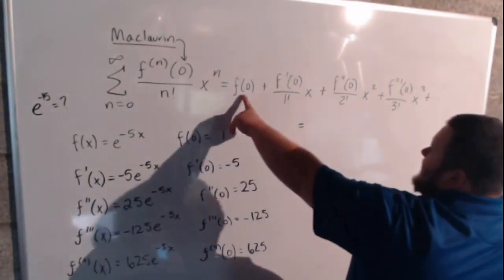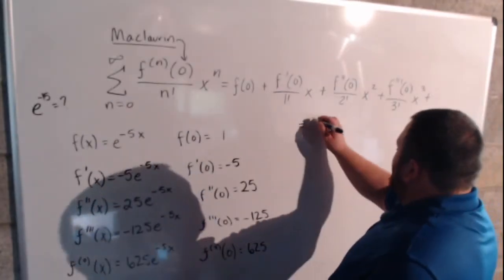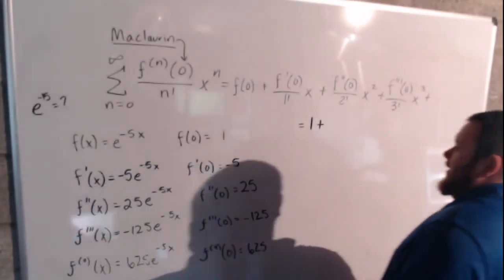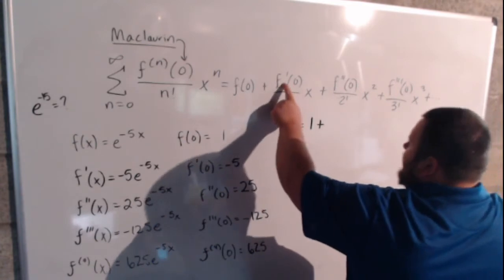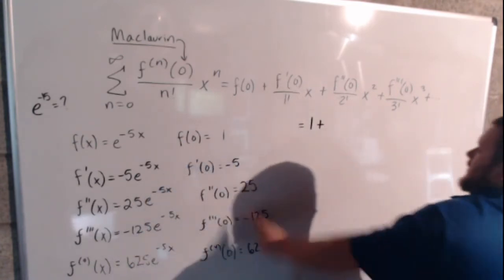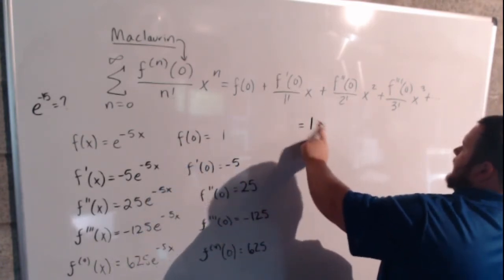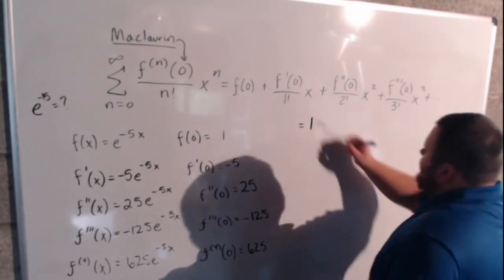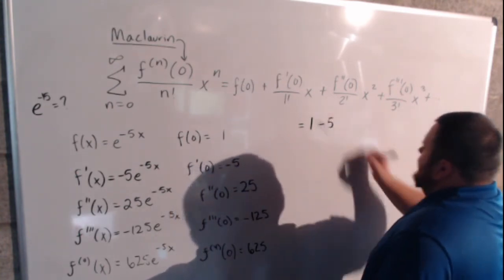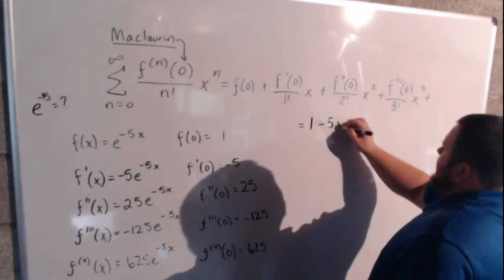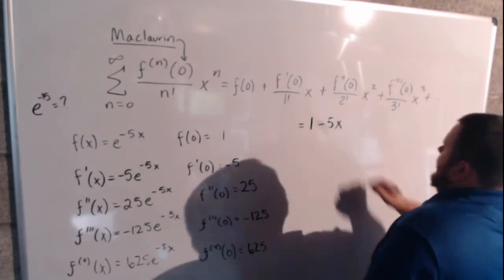So the first term is just f of 0, so that's 1. The next term is f prime at 0, which is minus 5, times x over 1 factorial.